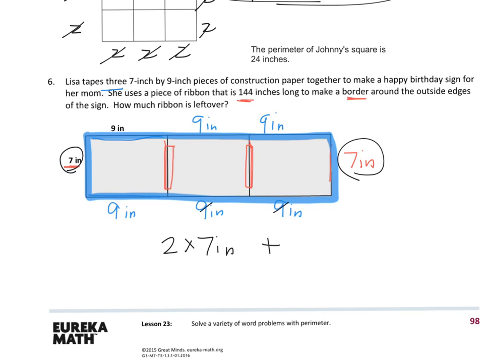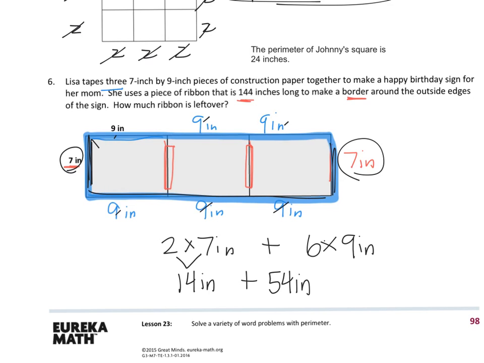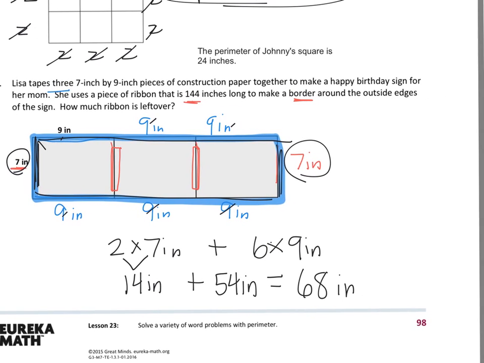And I know that there's 1, 2, 3, 4, 5, 6 9-inch borders there. So 2 times 7 is 14 inches. And that's this side and this side. And 6 times 9 is 54. And that's all of this and all of this. Now if I add those, I'm going to get 68 inches. That's the perimeter of the whole sign.